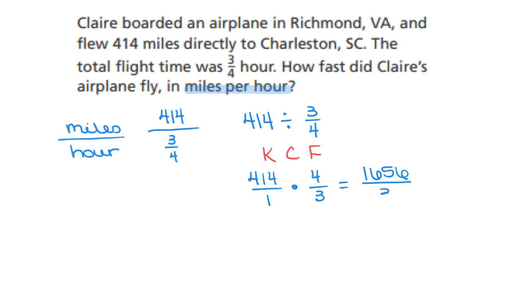And then we divide it by 3, Hudson, and we end up with 552 miles per hour. Yes, ma'am. I did the cross cancel for the 3 and the 4, 1, 4, and I just got 552. That works. All right. Let's go to our next one.